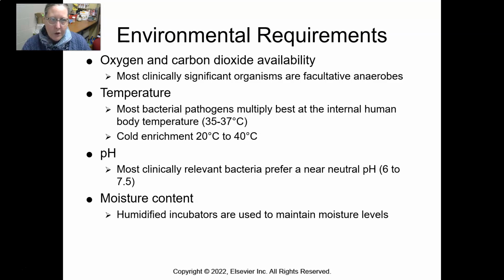And then you have the environmental requirements to grow these bacteria or fungi. And so oxygen and carbon dioxide availability are the two things that we can control. Most clinically significant organisms are facultative anaerobes, meaning they can grow in an anaerobic environment, but they can also grow with oxygen. The temperature, most bacterial pathogens like body temperature, so they like 35 to 37 degrees Celsius.